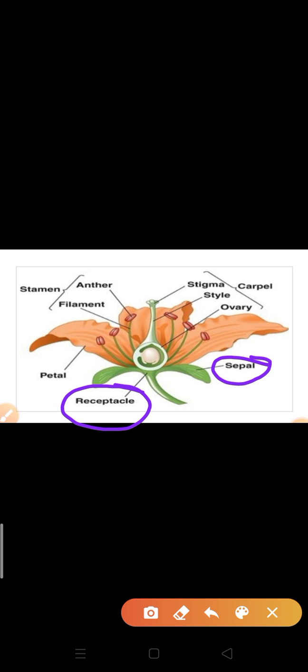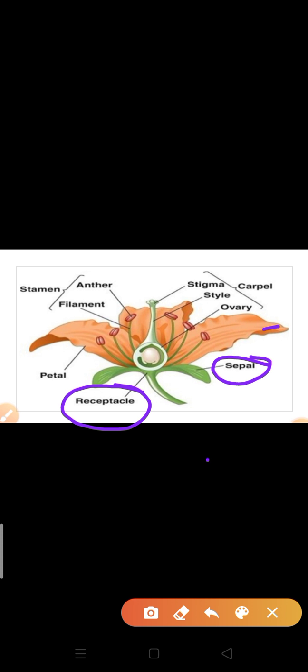In higher classes you will read about the calyx and corolla, but now you should know that the green part is known as the sepal, and the beautifully colored part of the flower is called the petals. This is the outer whorl of the flower.